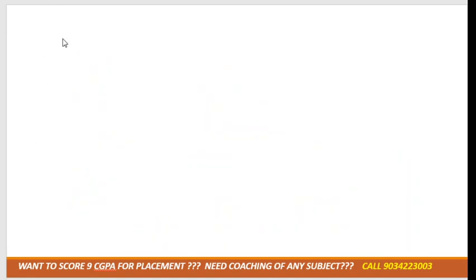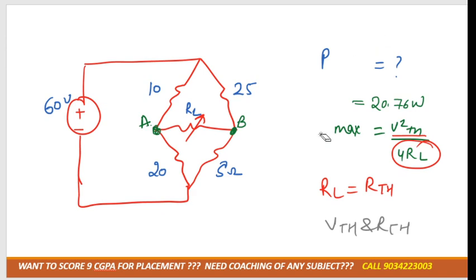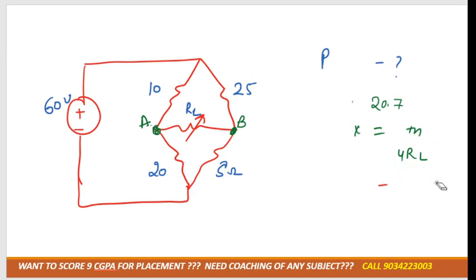Okay, now what is the next step we need to calculate? Rth. For Rth, what do we need to do? We need to short circuit the voltage source and we need to remove the RL terminal also, right?